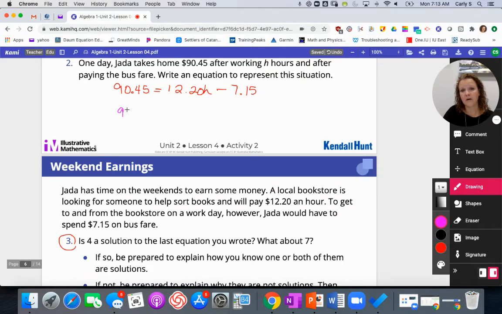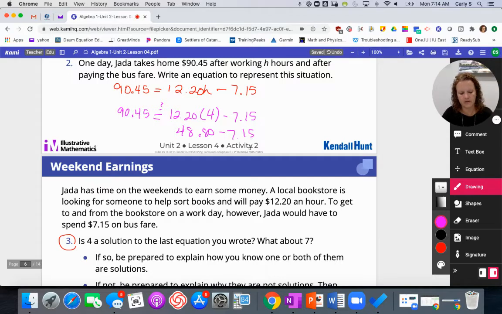So is 4 a solution? I'm going to substitute 4 for H. So 12.20 times 4 is $48.80.